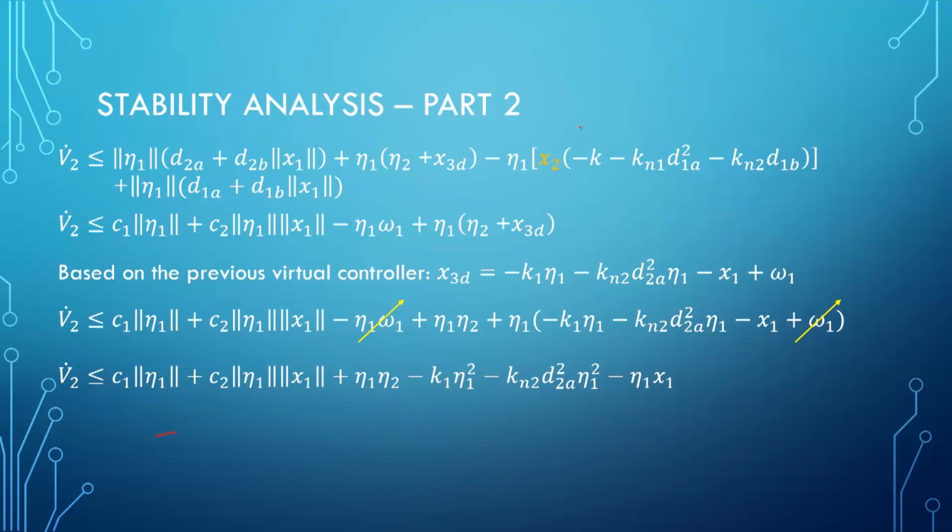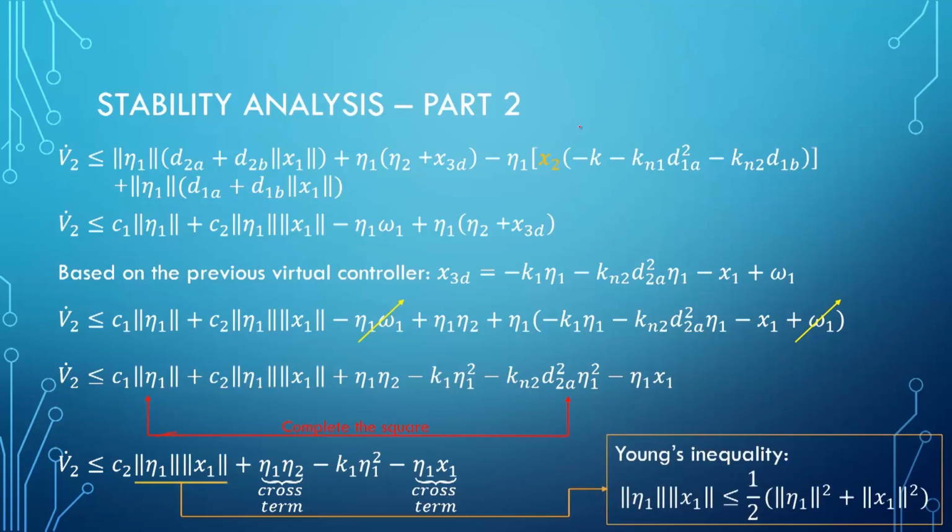And here are the good terms, and this could be cross terms. Next, you complete the square with these bad terms, and this term goes here, this term goes here, this term goes here, and I think there's some constant here. Some positive constant here after you complete the squares.